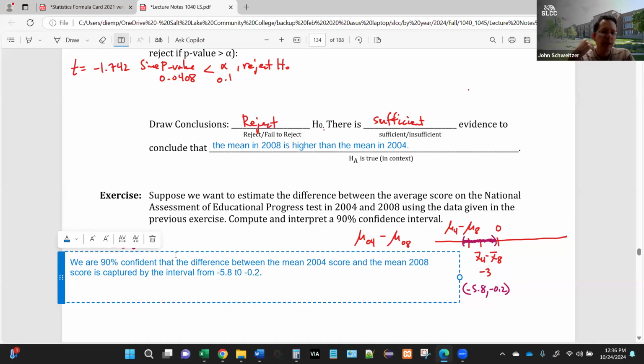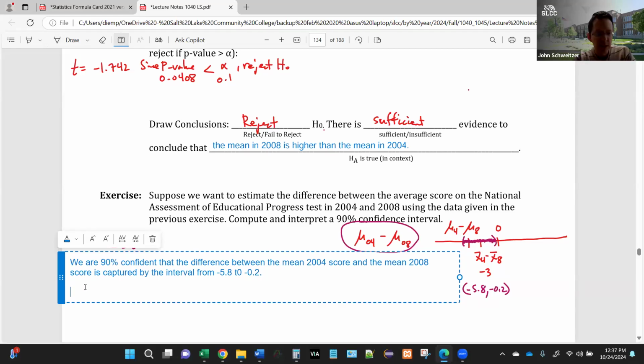But because this is a little bit more complicated with the structure of the data, we want to think about 0. 0 is not in that interval. Since this is an interval of plausible values, it's not plausible that this difference is 0. So what does that mean? Well, it means that there's a difference, right?